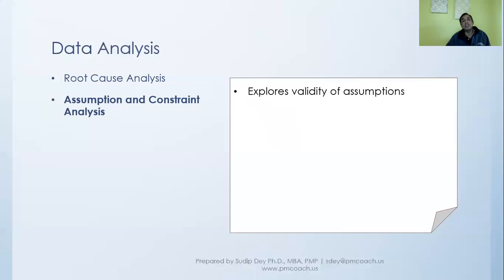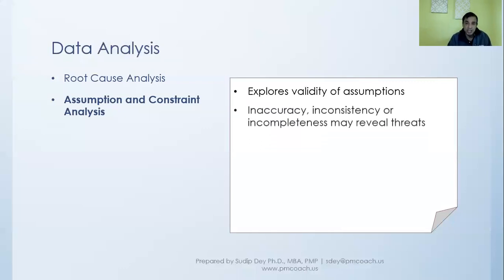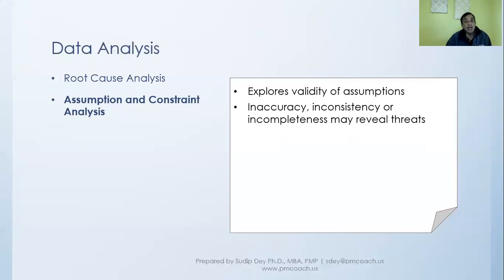So here in risk identification, we look at the assumptions we had and try to see whether they are valid. Through that exercise, we might be able to uncover some risk, especially if there are some inaccuracies or inconsistencies.